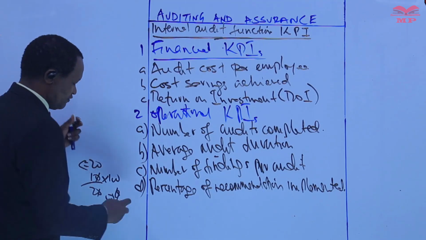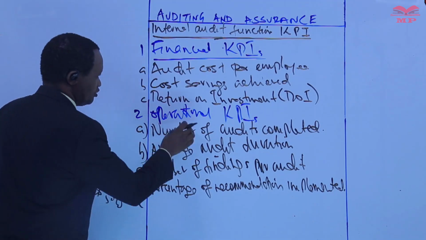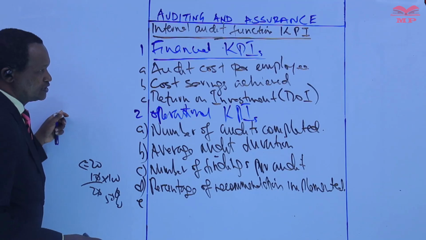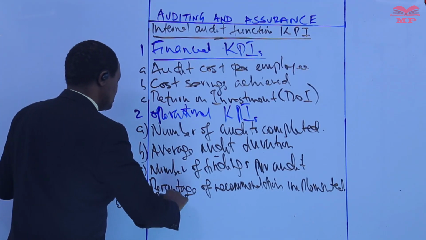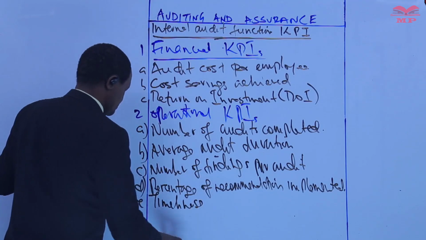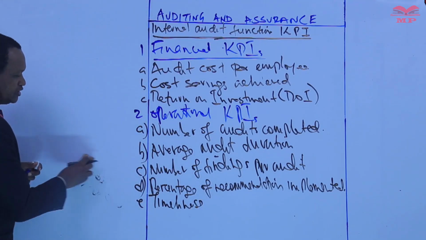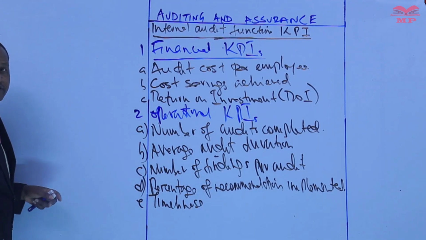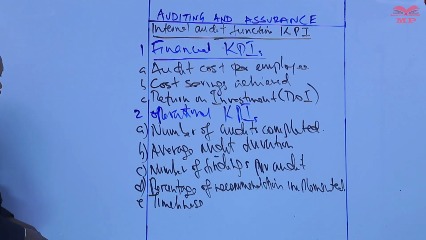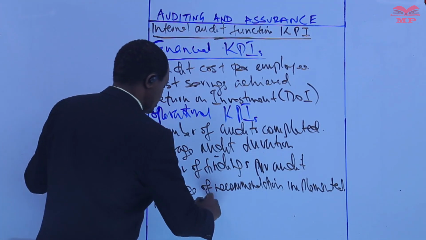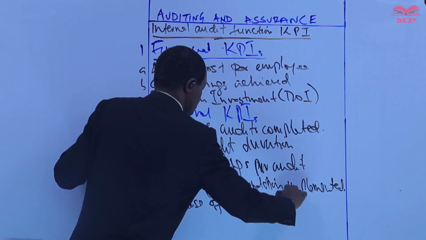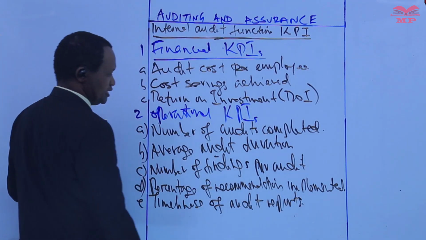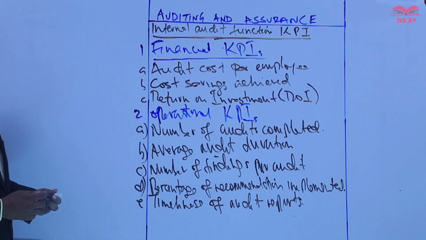Number 5, under operational key performance indicators, I cite the timeliness. Now, the timeliness here is in reference to the audit report. Timeliness of internal audit reports.